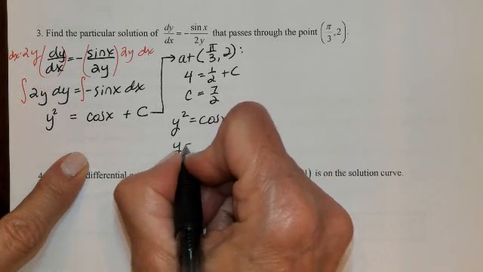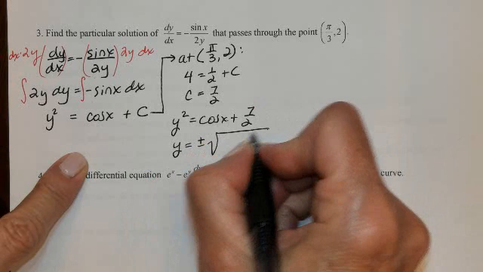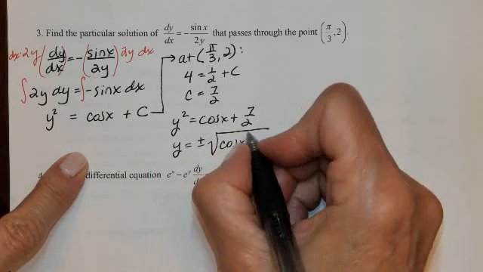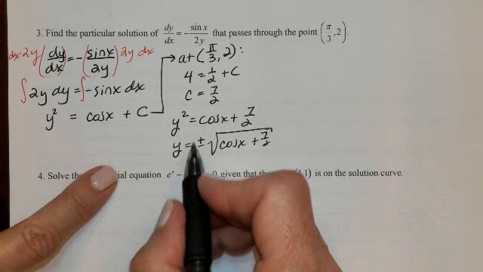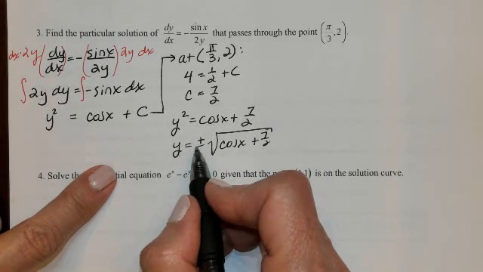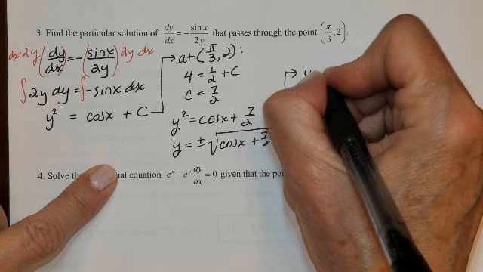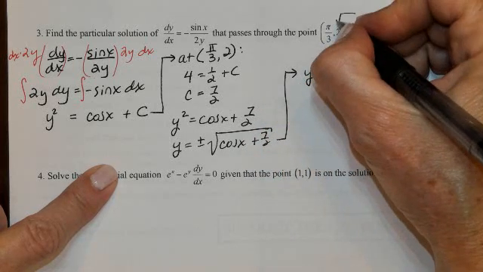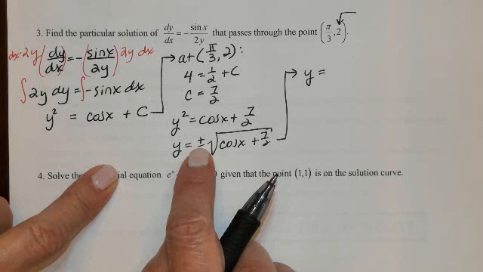So y, if we square root both sides, we'll get plus or minus. y is equal to plus or minus the square root of cosine x plus 7 halves. Now, 2 answers here. We only want one answer. So what is y? We look at the sign of that y to tell us which sign to keep here.